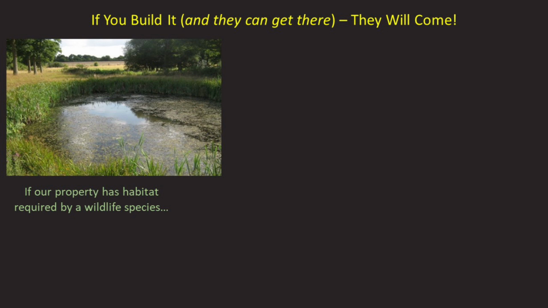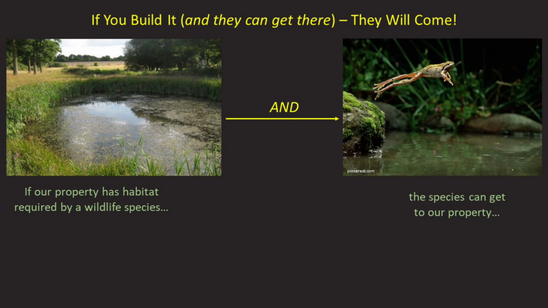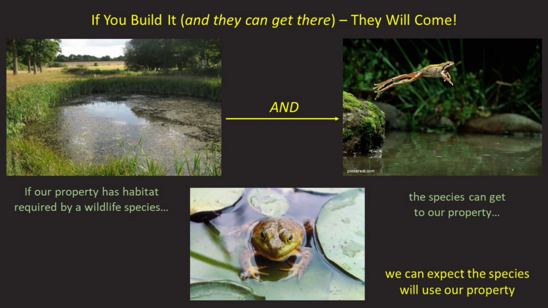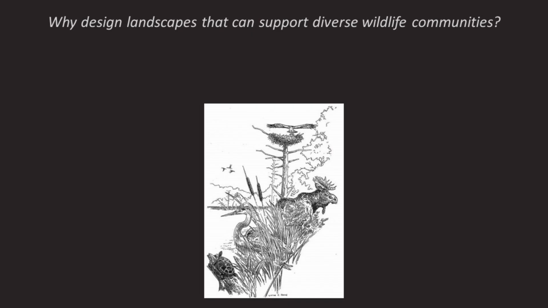For wildlife, each property we work with is a possible field of dreams. If you build it and they can get there, they will come. So if our property includes habitat that is required or preferred by a wildlife species, and that species is able to get to our property, we should expect that that species will occur on our property during some portion of the year or during specific life stages.